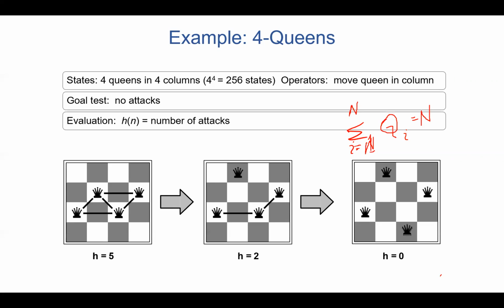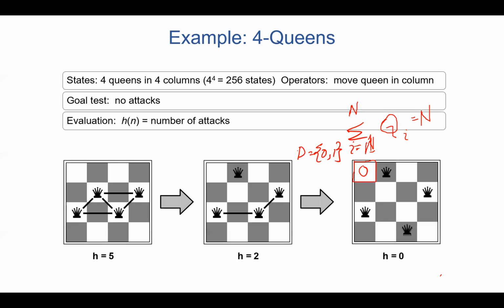So one solution could be that for each square, we can identify the domain. The domain in this case can be 0, 1, right? If a square has the value 0, then that means there's no queen on it.